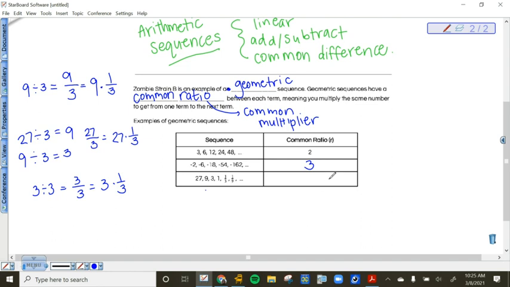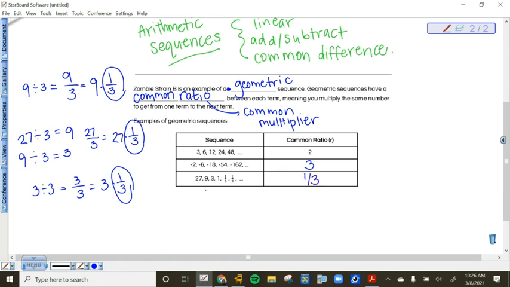So what do we think our common ratio would be? What am I multiplying each one by? Yeah, 1/3, 1 over 3.